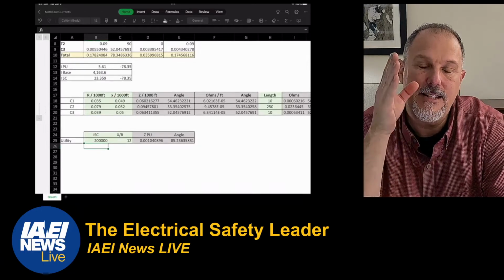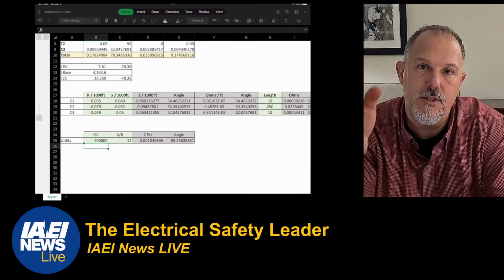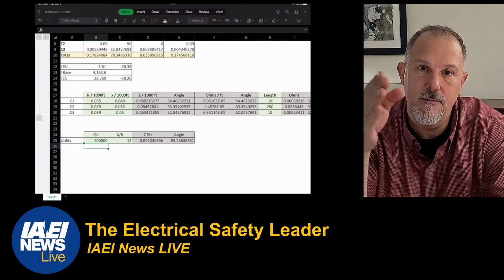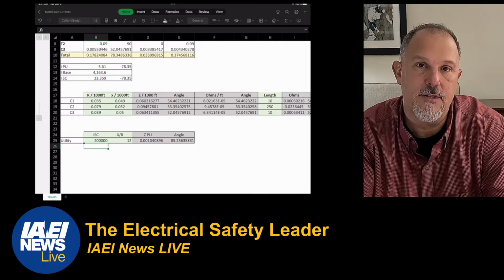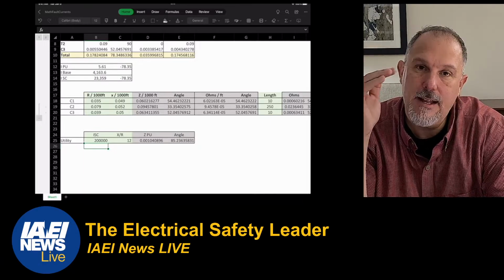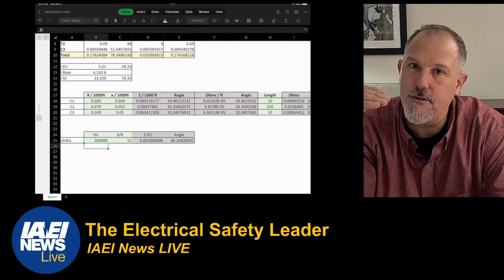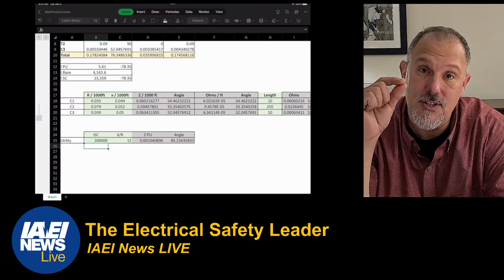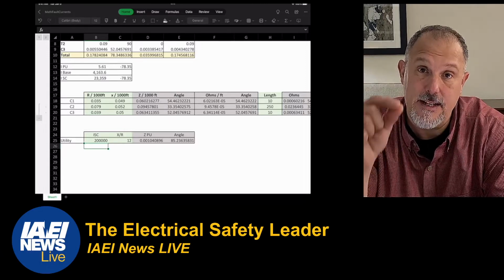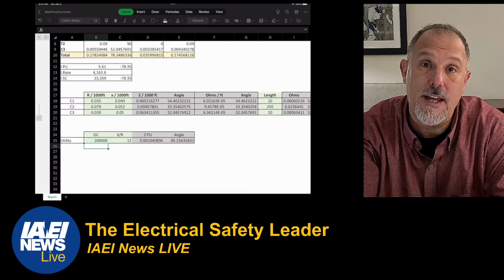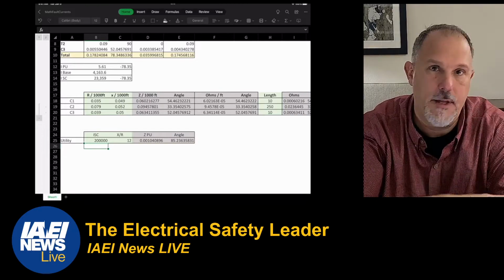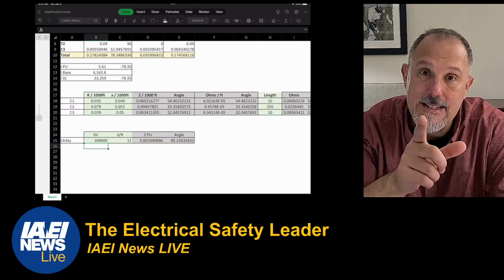That I can take my available fault current from the utility from 50,000 amps to 200,000 amps, and down further in my power distribution system, it really does not significantly impact the available fault current at those remote locations or even the higher locations. Why is that?